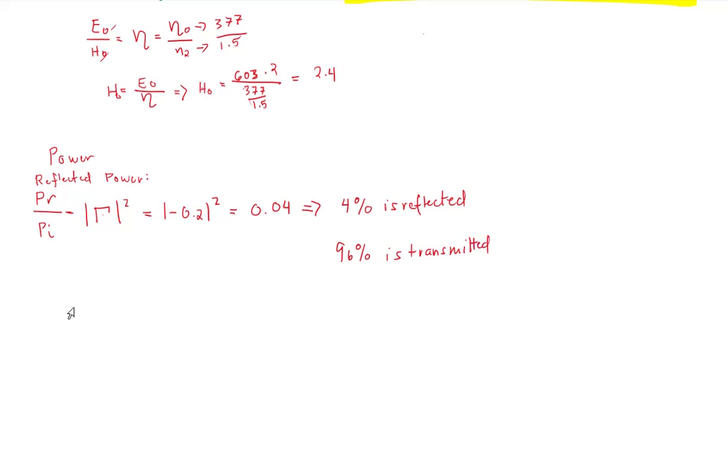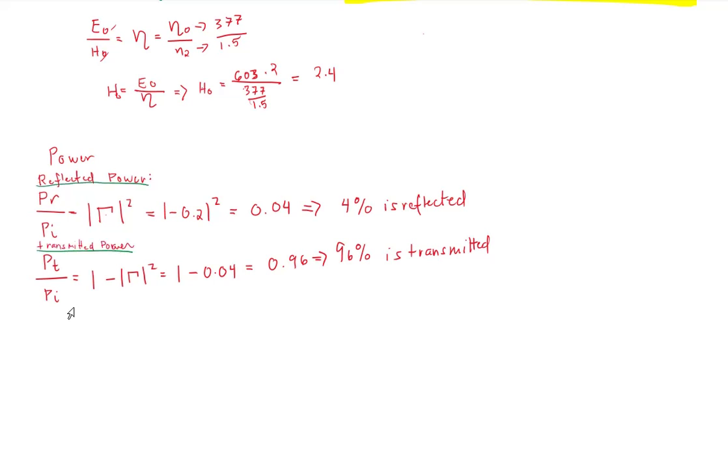Don't you agree? So we could find out. P_t divided by P_I is equal to 1 minus gamma squared, equals 1 minus 0.04, and that is just 0.96, which is 96%. But we are asked to state the power of both reflected and transmitted in dB.